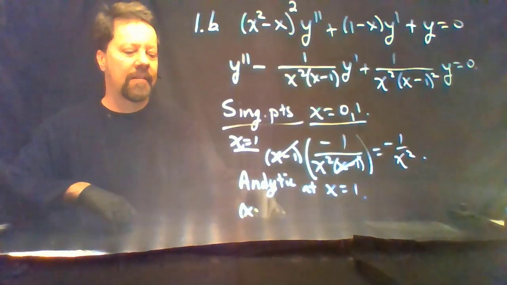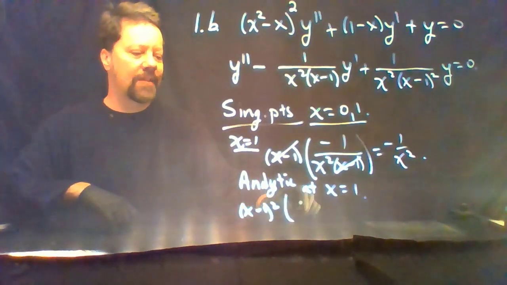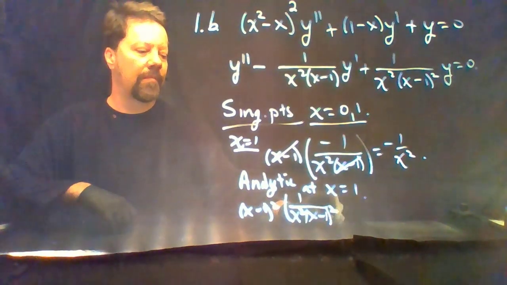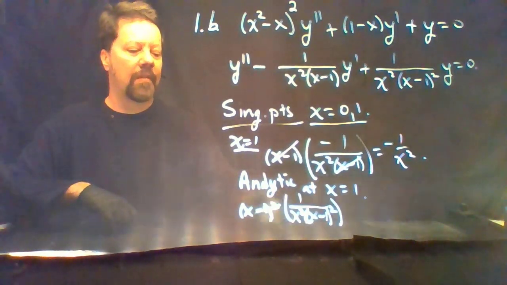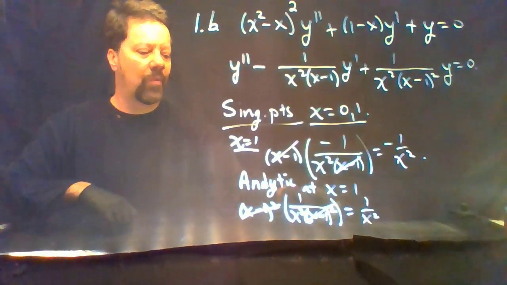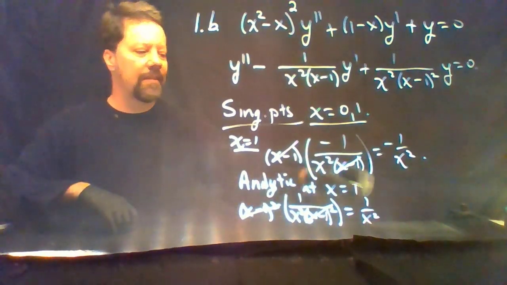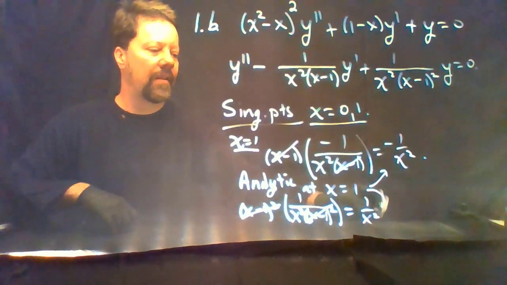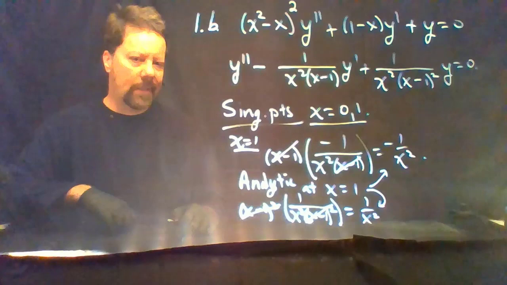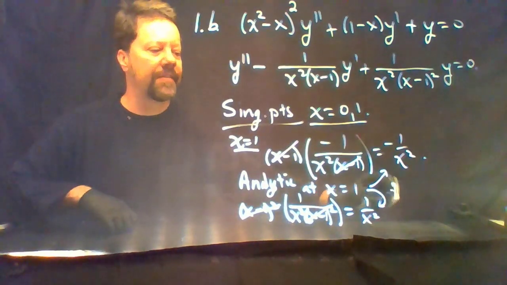Similarly, (x − 1)² times q(x) has the singularity at 1 cancel out as well. This is also analytic at 1. Since both of these are analytic at 1, this is a regular singular point.